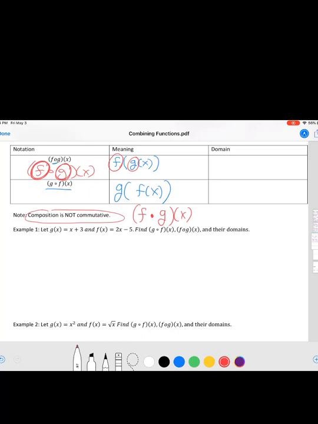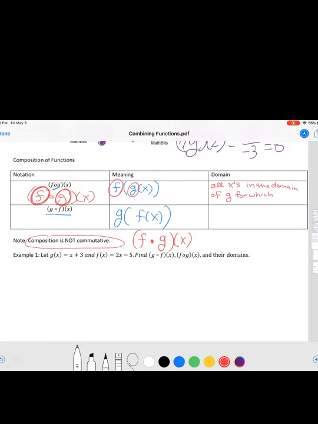So, the domain of f of g of x is all the x's in the domain of g for which g of x is in the domain of f.